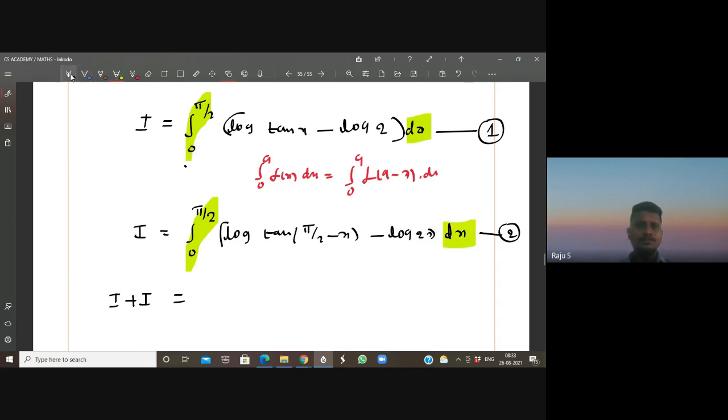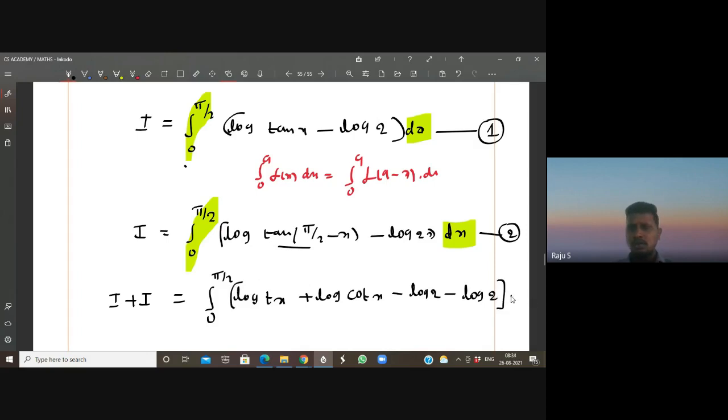That's all. So integral 0 to pi by 2, from equation 1 log tan x, from equation 2 plus log of tan 90 minus x, shall I write cot x? From equation 1, minus log 2 is there. Whenever we are adding, from equation 2 we are going to get one more log 2, right? Into dx. Is it clear, students?